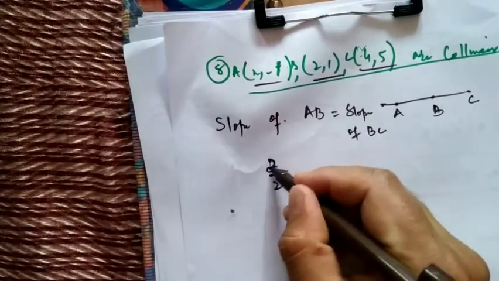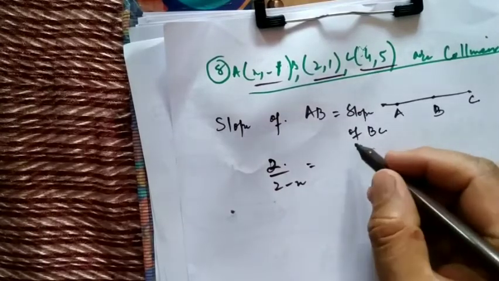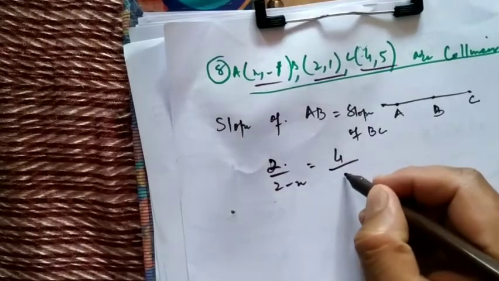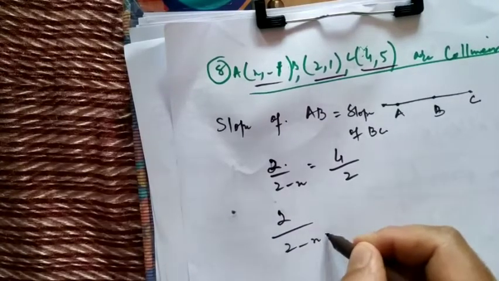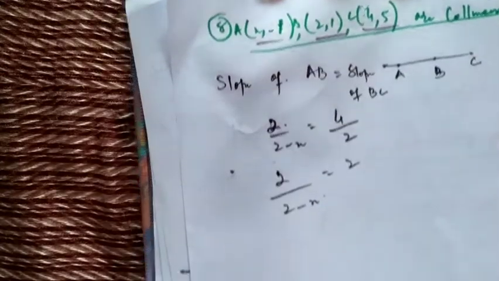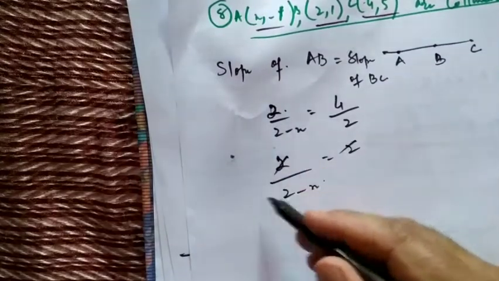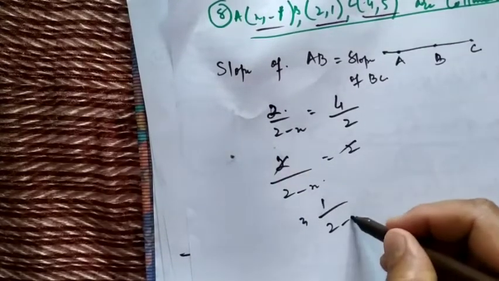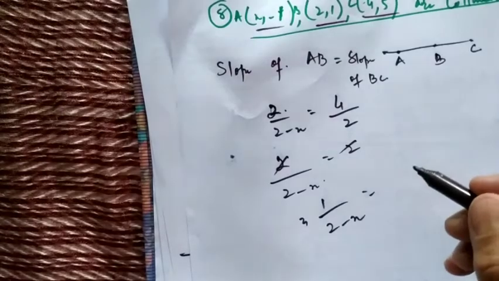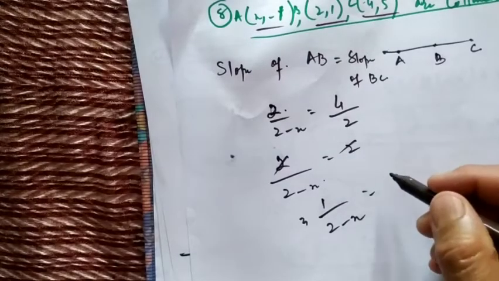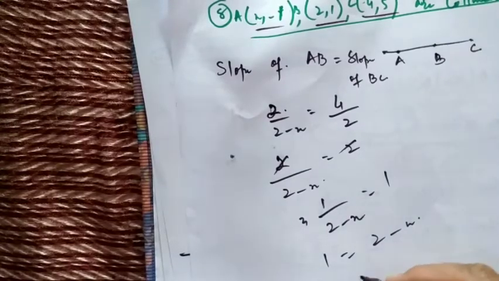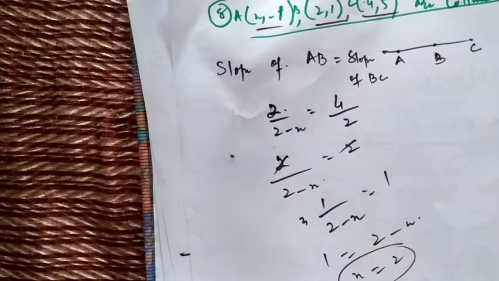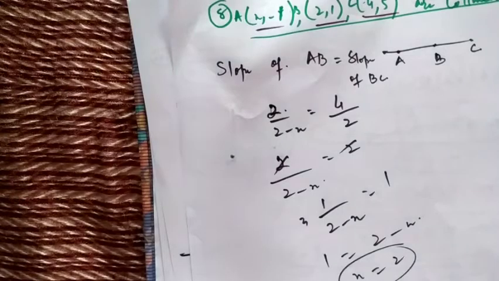That equals 5 minus 1, which is 4, divided by 4 minus 2, that is 2. So 2 divided by 2 minus x is equal to 2. The 2s cancel, so 1 divided by 2 minus x is equal to 1, that is 1 is equal to 2 minus x. So x is equal to 2. So the value of x is 2.